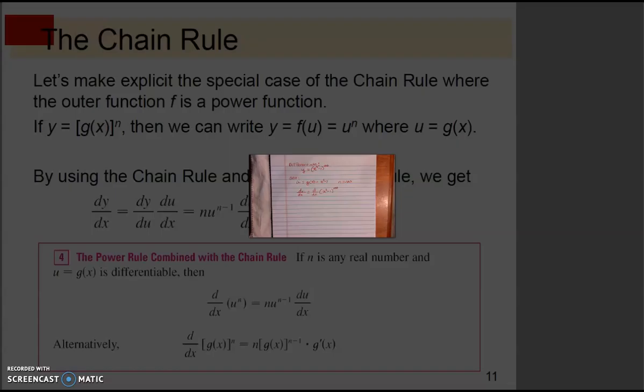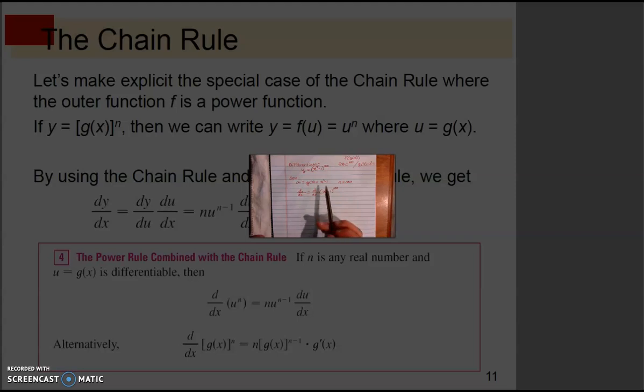Let's take a look at this example. Given the equation y equals x cubed minus 1, all raised to the 100 power, we need to differentiate this. Remember, we need to recognize that this is a composition of functions. If we look at f of g of x, the function f is this whole concept of u to the 100 power, and the g of x function would be just x cubed minus 1.